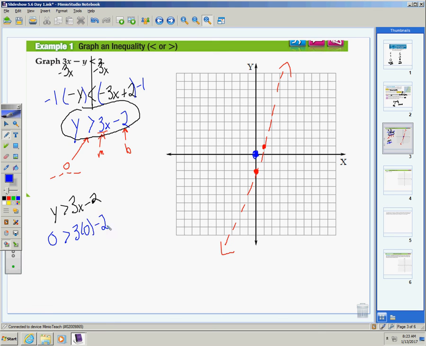So when I simplify this, 0 is greater than 3 times 0 is 0. 0 minus 2 is negative 2. Is 0 greater than negative 2? Well, it is. And if you get a true statement, that's going to mean you shade on the same side.